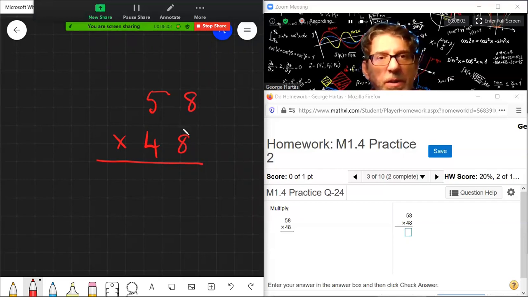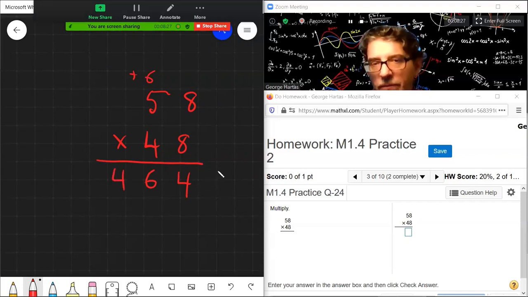So this times this, and then this times that. 8 times 8 is 64, right-hand digit, left-hand digit. 8 times 5 is 40, 40 plus 6 is 46, right-hand digit, left-hand digit.